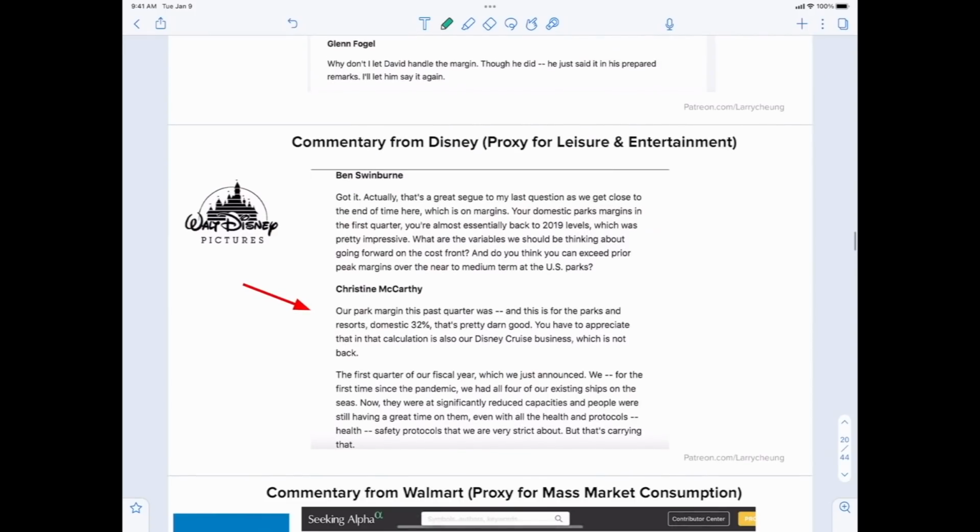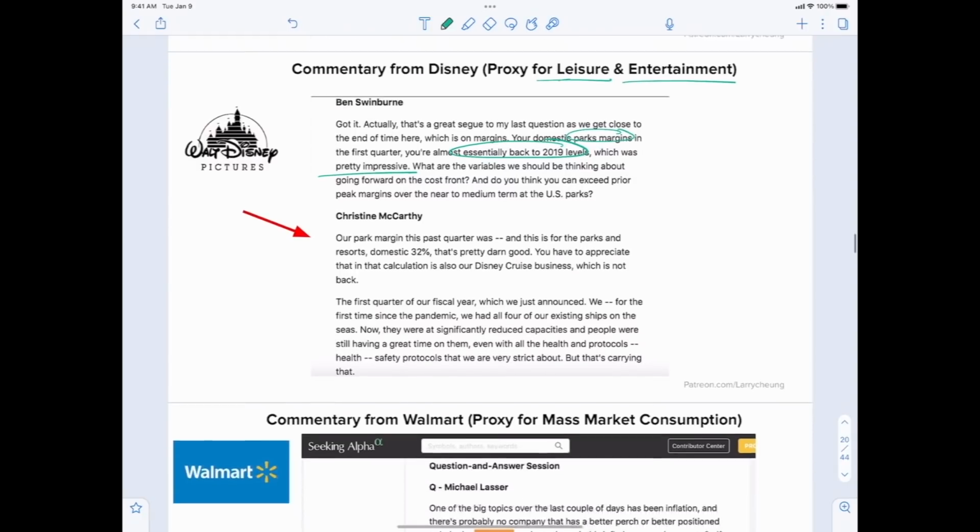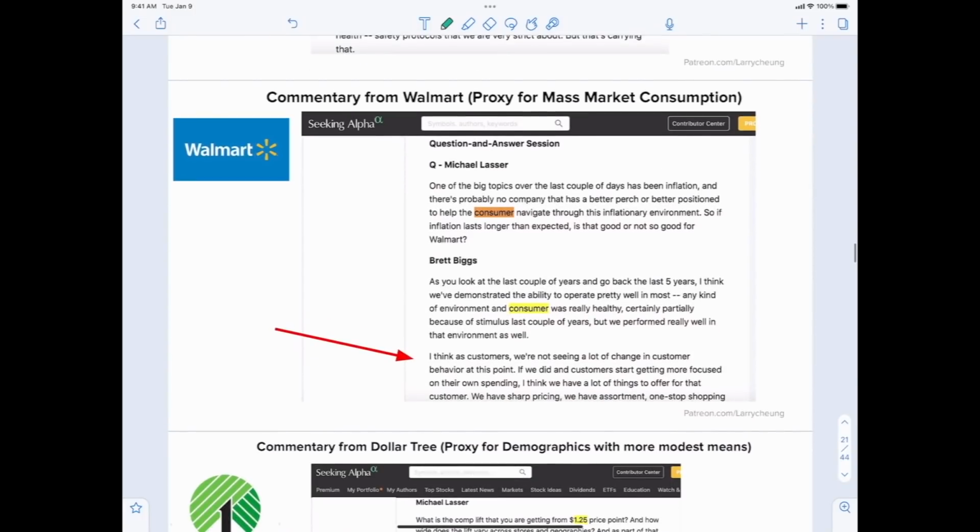Moving on to Disney, which is a powerful proxy for leisure and entertainment, they discussed that their park margins are essentially back to 2019 levels. And that's very impressive given all the lockdowns, all the restrictions that Disney has had to face. And that implies that once again, consumer confidence is softer than it was in the past, but it's by no means indicating a recession in the foreseeable quarters.